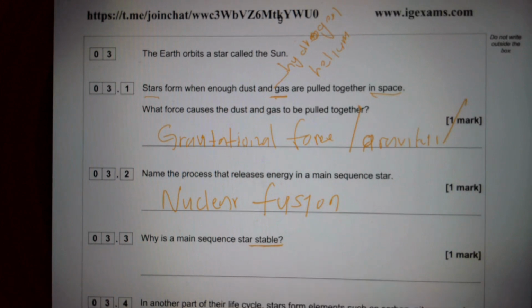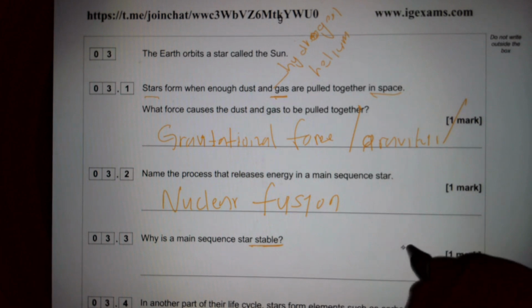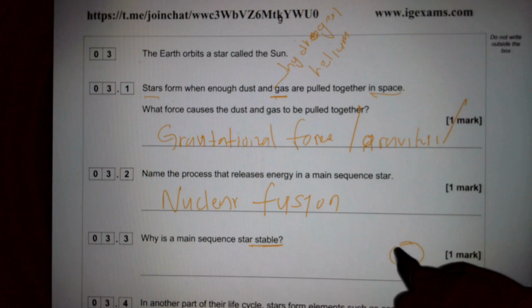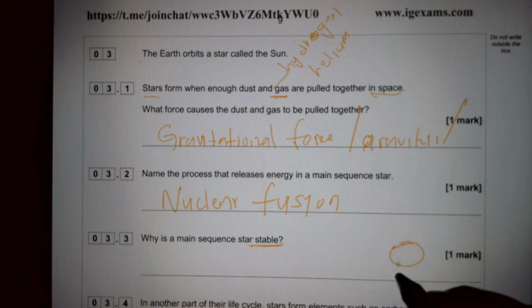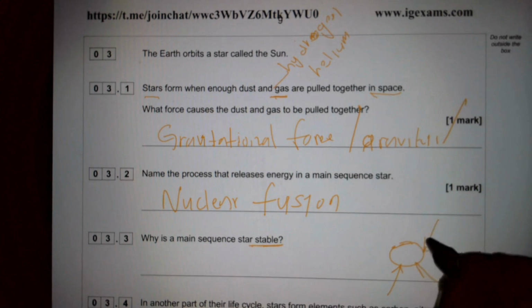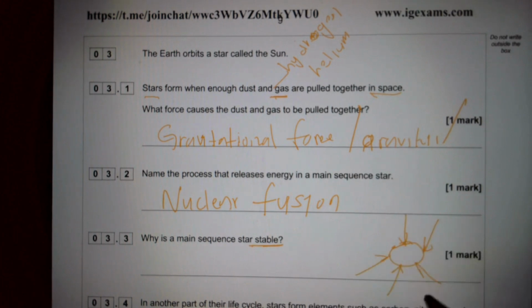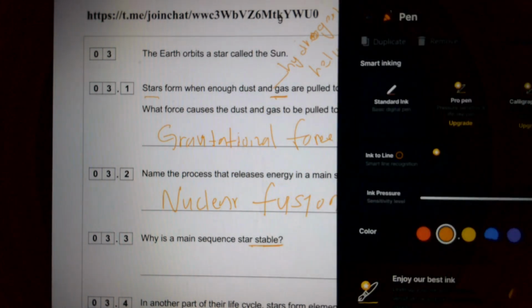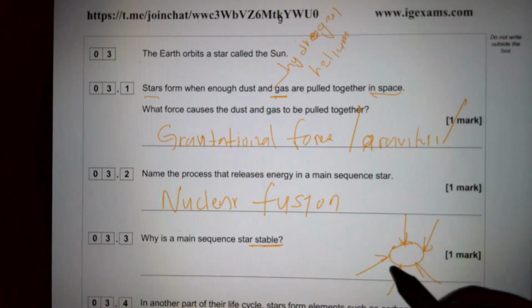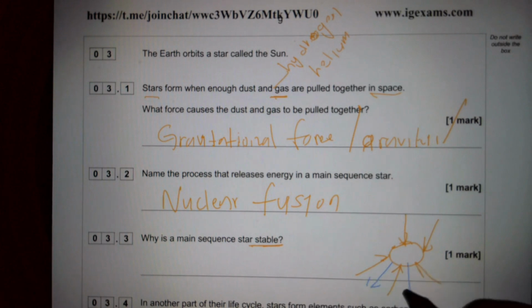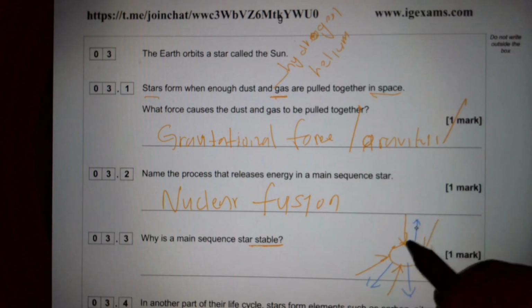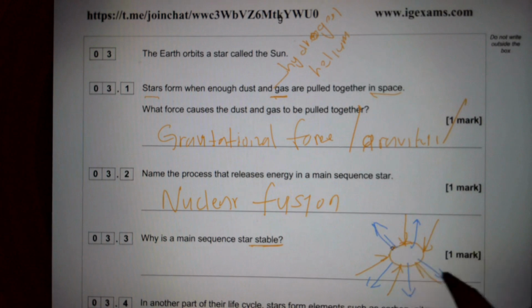It is because the forces are balanced, meaning that, let's say this is our main sequence star. There is gravity acting inwards. Therefore, there will be reaction forces, the force that responds due to gravity, acting outwards to resist the effect of the gravitational attraction.